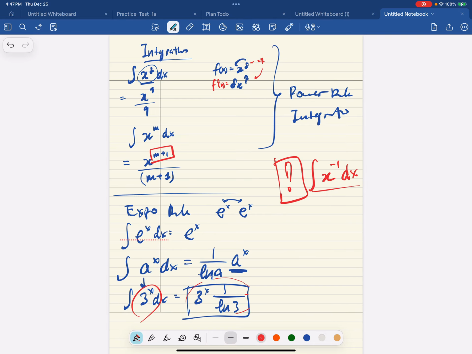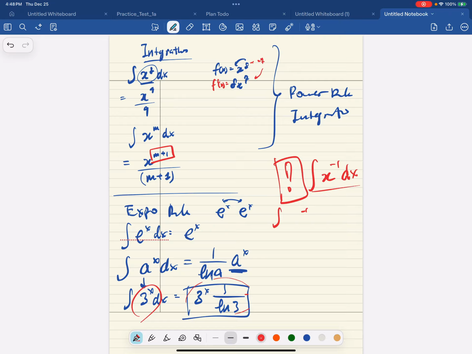Let's say an example: the integral of 3 x to the minus 1 dx equals what? You can't just apply the normal rule of going minus 1 plus 1 divided by minus 1 plus 1, because then you're doing a 3x to 0 divided by 0, which makes no sense.